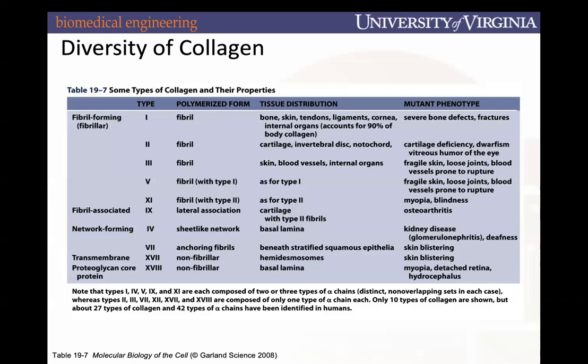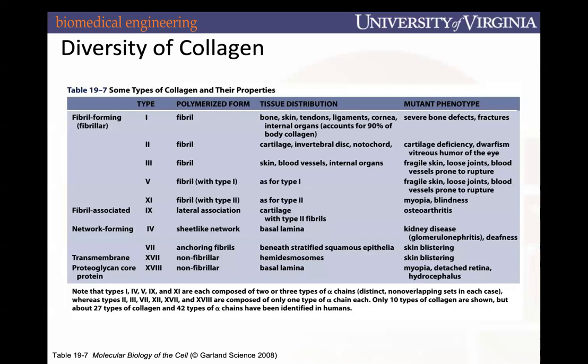So the key take home here, I'm not asking you to memorize everything on the slide. As a general rule of thumb, if there's a table with a lot of information, I'm not going to ask you to memorize that. But what I do want you to take home is that there are many different kinds of collagen, each with a different function and a different tissue distribution.